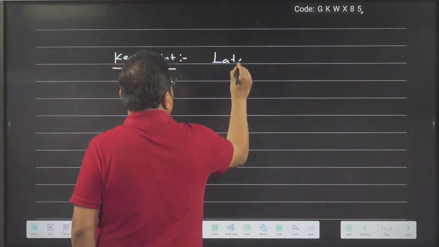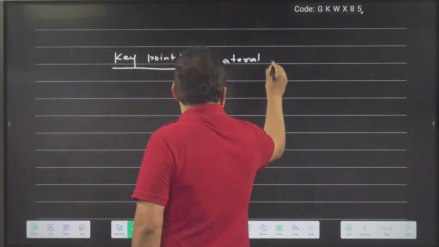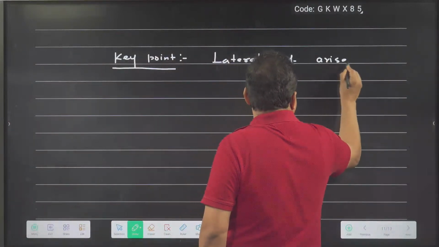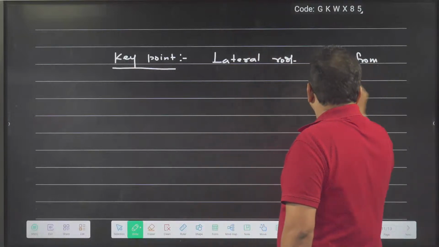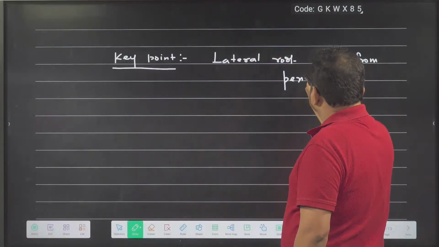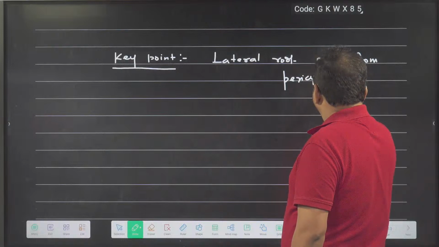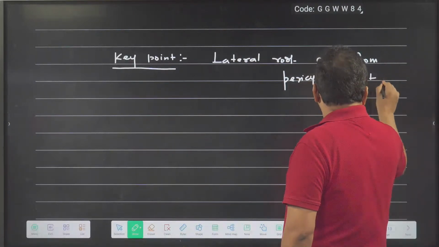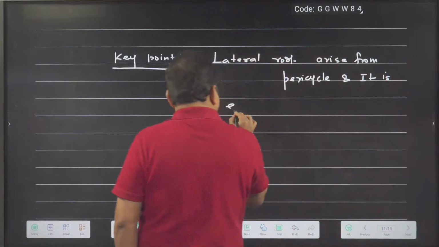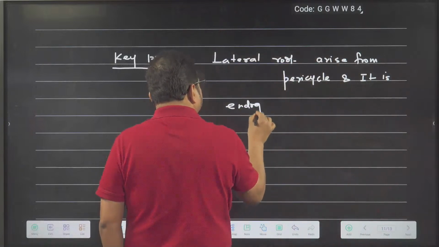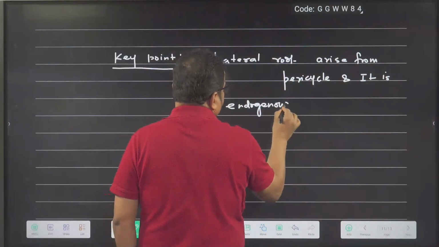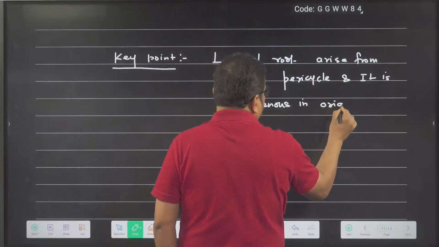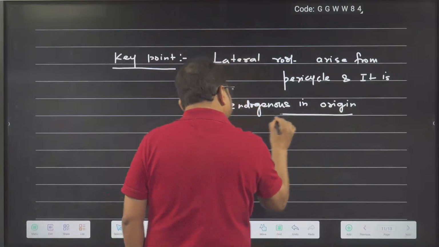Lateral root arises from pericycle and it is endogenous in origin.